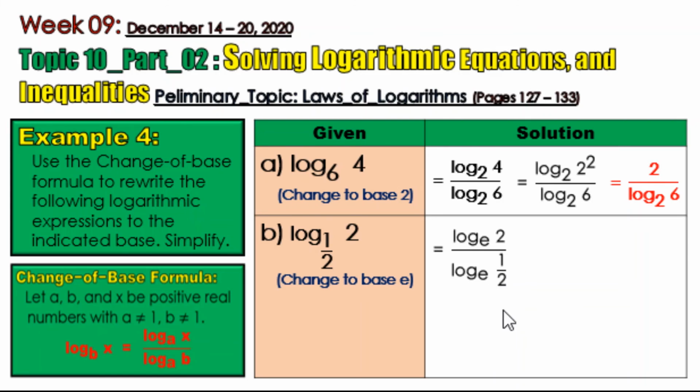Remember that logarithm of 2 to the base e can also be written as ln 2, and the denominator, logarithm of 1/2 to the base e, can also be written as ln 1/2.